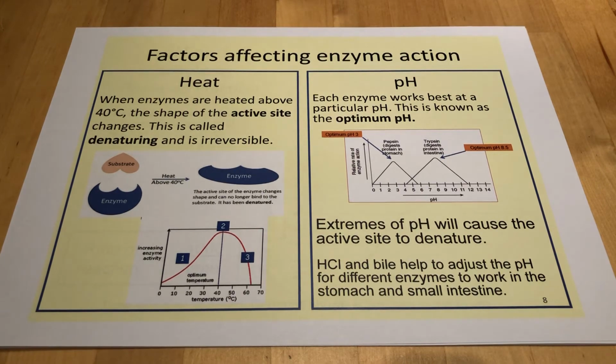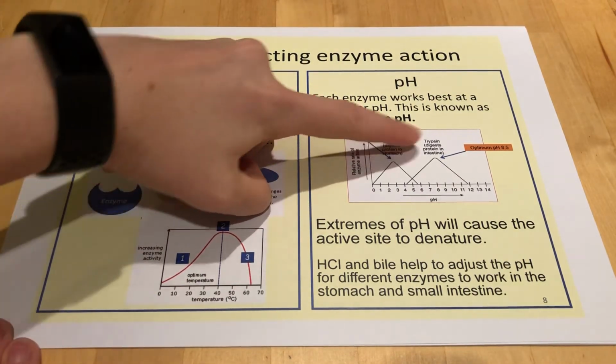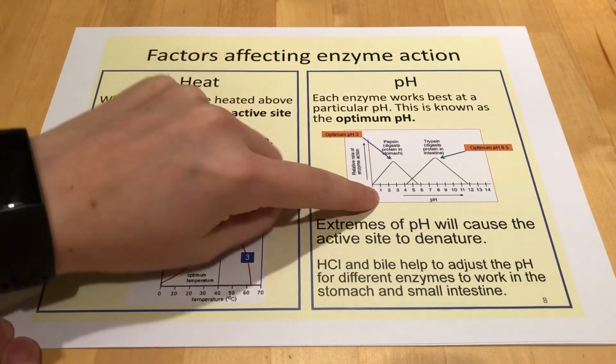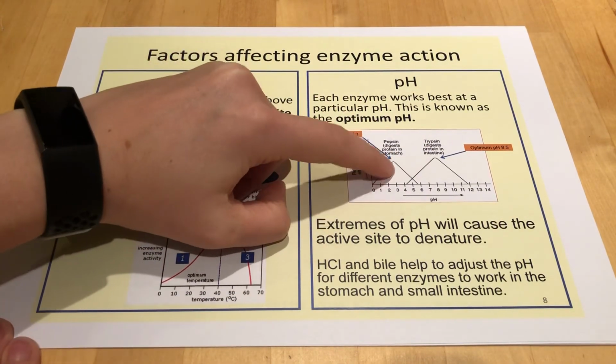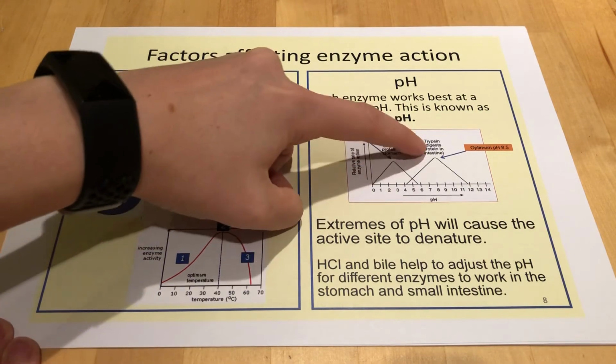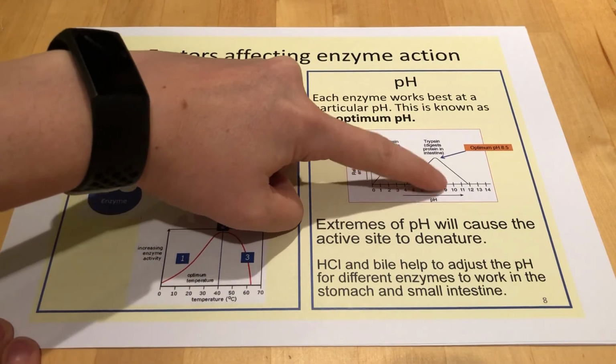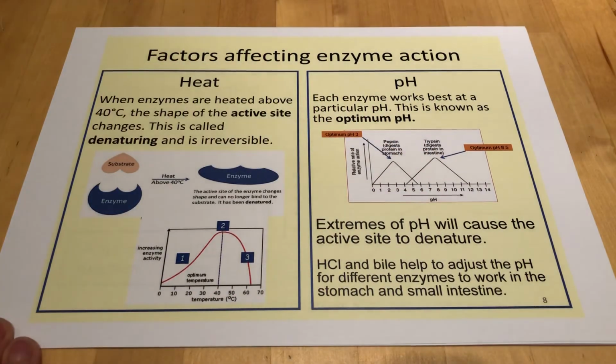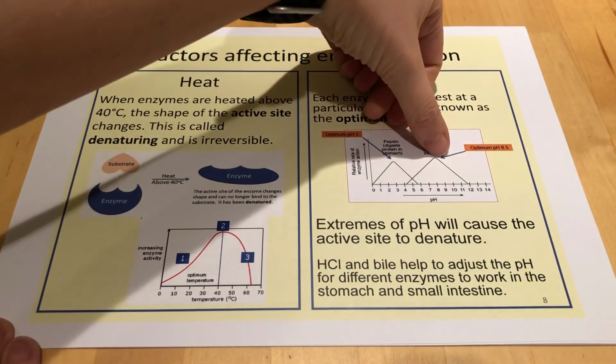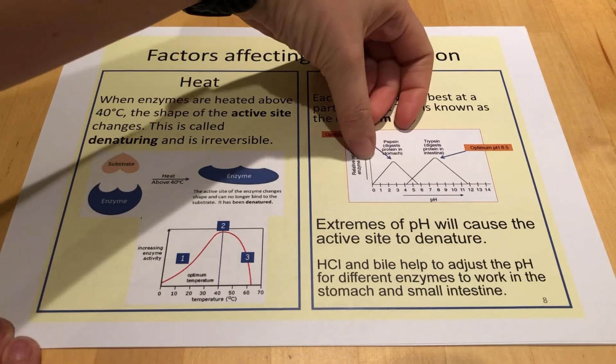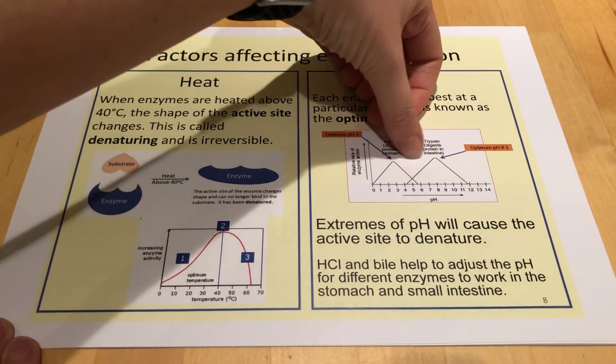Hopefully this graph looks quite familiar. We're looking at the two enzymes here, pepsin and trypsin. Pepsin working in the stomach at that lower pH optimum, and trypsin working in the small intestine at a much higher pH. If we were really analysing this graph, we can also see that trypsin is more effective than pepsin because it has a higher peak.